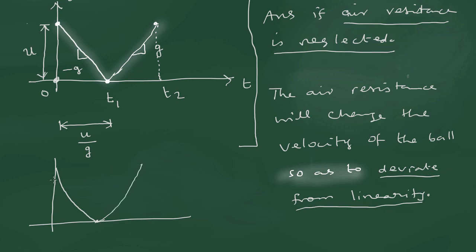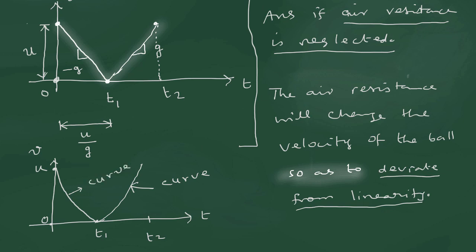Everything else is the same. The point U is the same, this is T1, and that would be T2. This is the time, the y-axis is velocity, and the origin is also there. The only change is the deviation, and a slightly deviated straight line is what we call a curve. We don't have a perfect straight line; now we have a curve here.